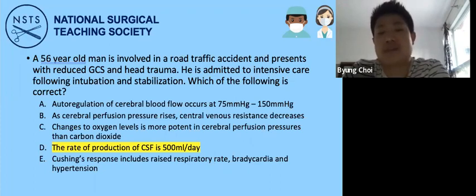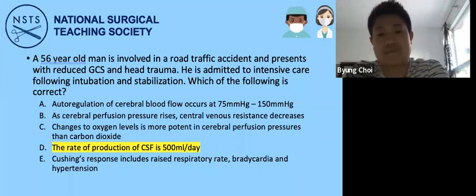If you have increased pressure, the body will try to go against that. As a coping mechanism, the brain will likely try to vasoconstrict to lower that cerebral perfusion pressure. Hence, as the pressure goes up, venous resistance will also increase to try to vasoconstrict and prevent further increase in cerebral perfusion pressure, which is also linked to intracranial pressures.